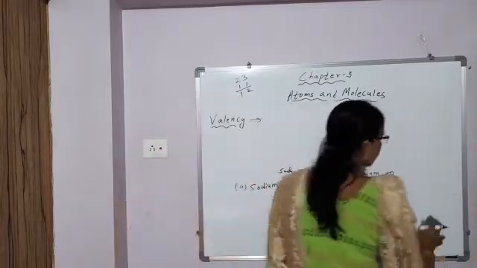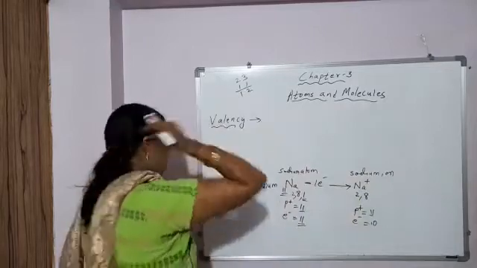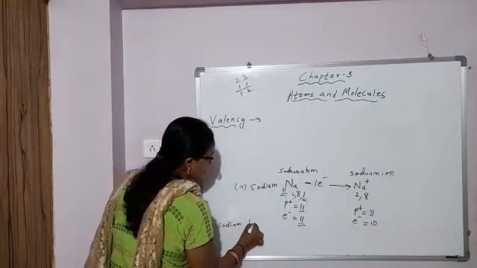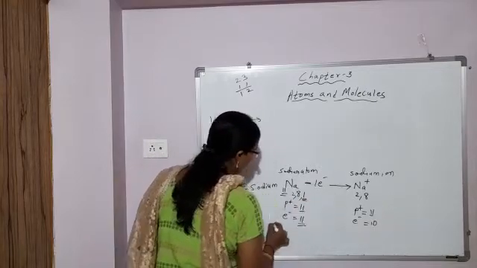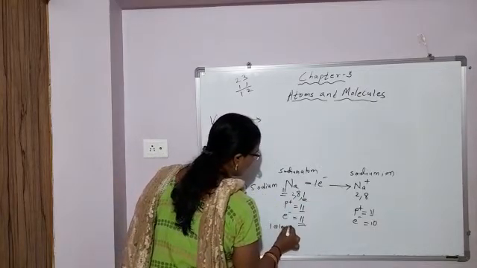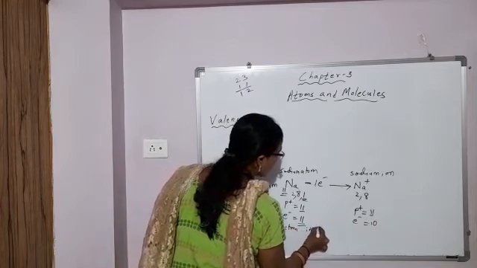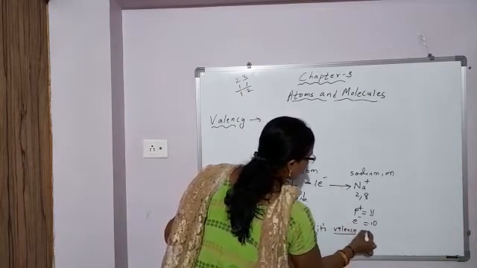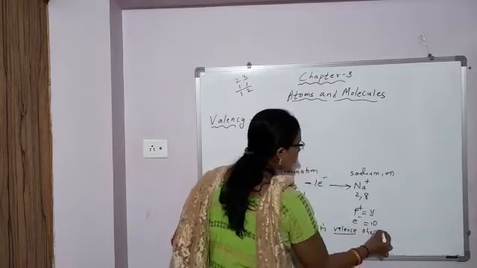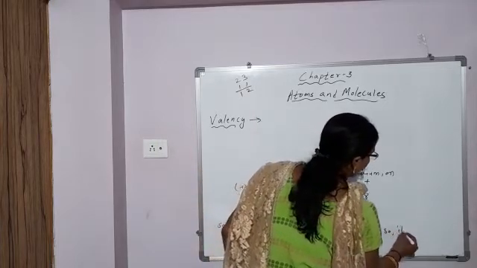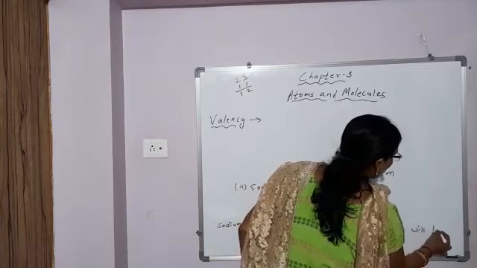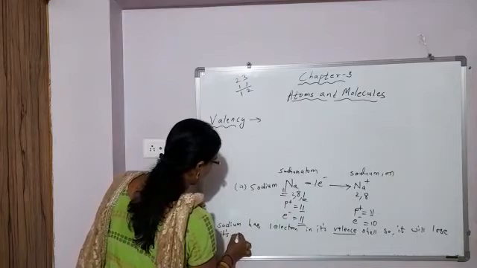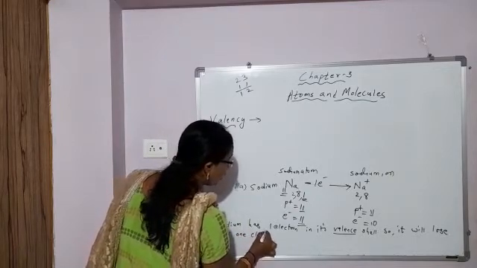Okay. So, sodium has 1 electron in its valence shell. Valence means outermost shell. So, it will lose its 1 electron for what?